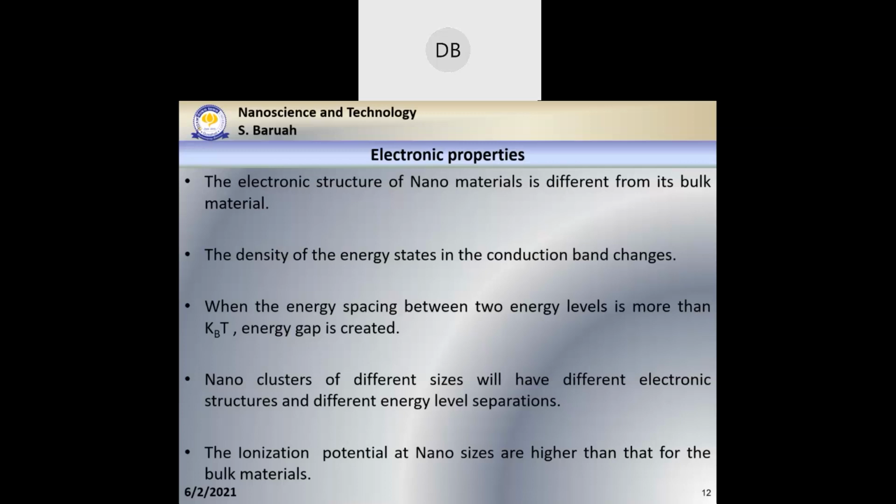Now, what do we mean by density of states? Basically it means that at a particular energy level, how many of these allowed states are there. Say we were just now talking about 2.2 electron volts.